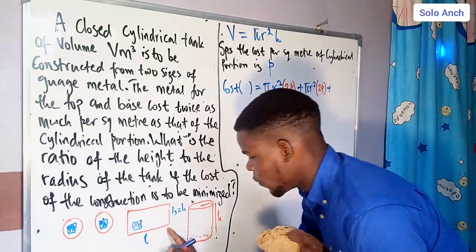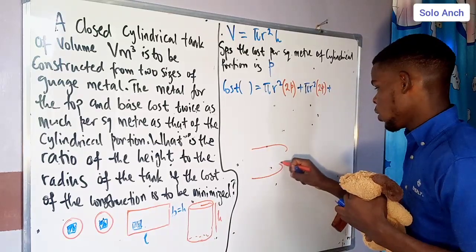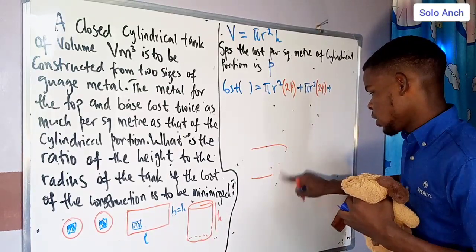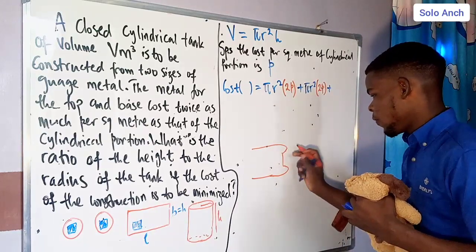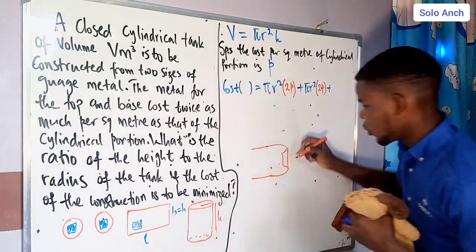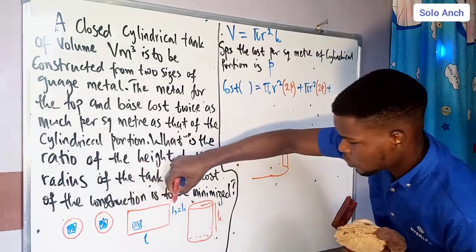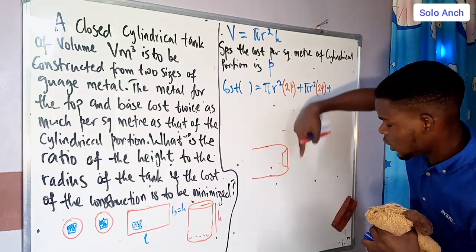The reason is, let me show you, when we fold this, if you can fold the rectangle, you are going to see that the length of this rectangle will become the circle that will be formed when you fold it.